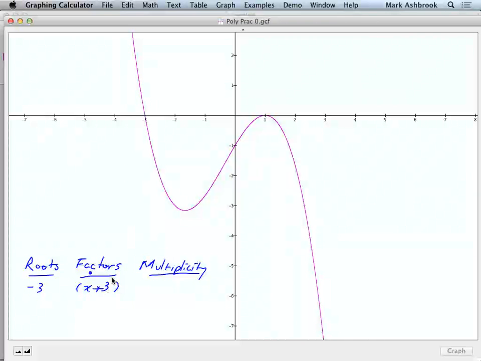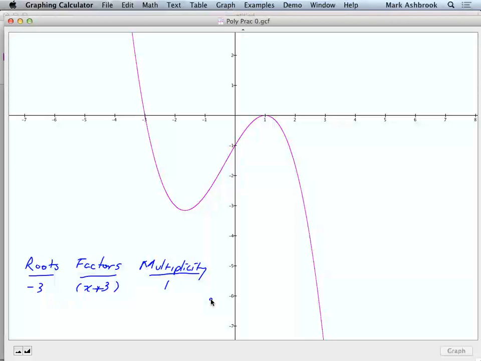If you put -3 in, you should get 0 in that factor. Do you get 0? Yep, you do. Now, what's the multiplicity? We get that by looking at what's going on around there. Is it like linear? Is it like a parabola? Is it like a cubic shape as it goes through? All right, so what's the multiplicity? 1. So part of our equation is going to be x plus 3 to the first, or just x plus 3.